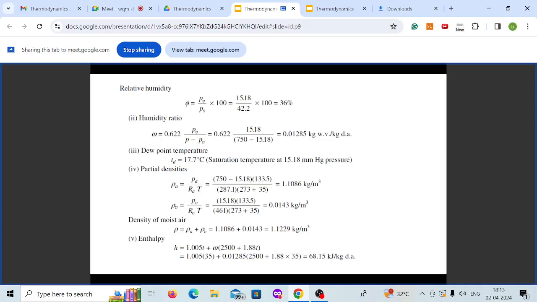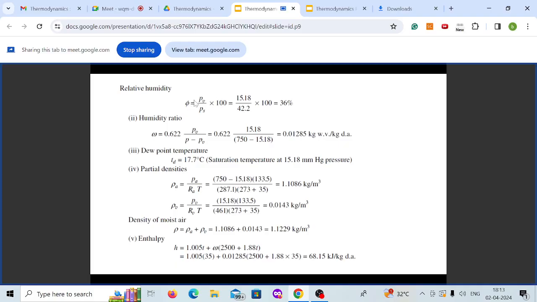So relative humidity is nothing but PV by P saturation, which we saw. So water vapor pressure currently divided by the saturation pressure corresponding to the same temperature.